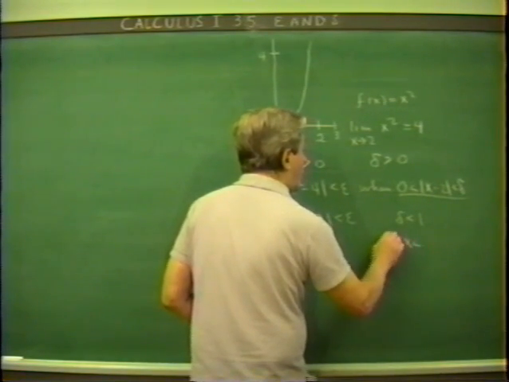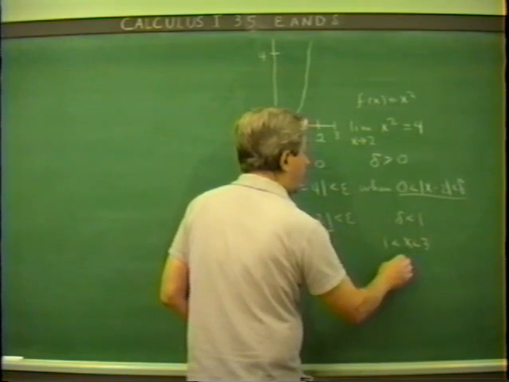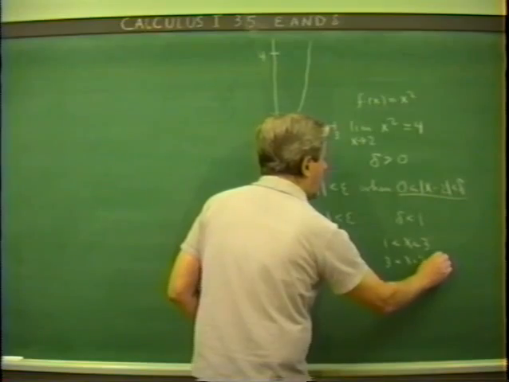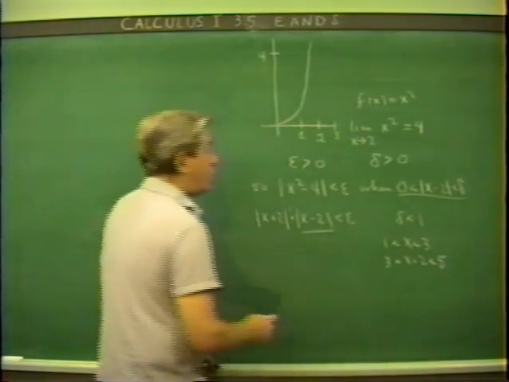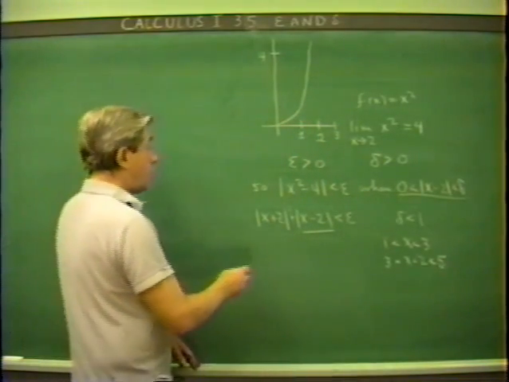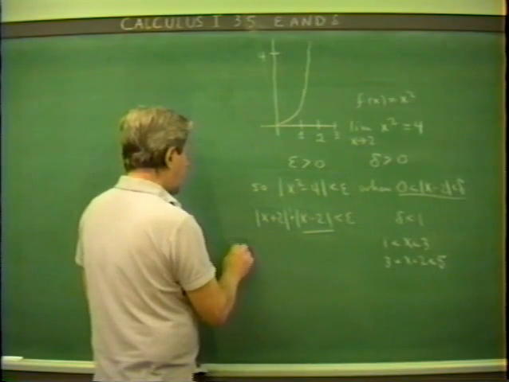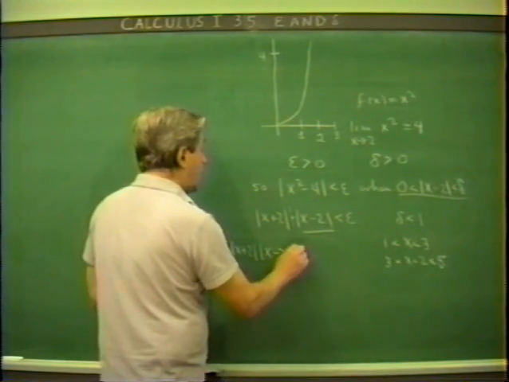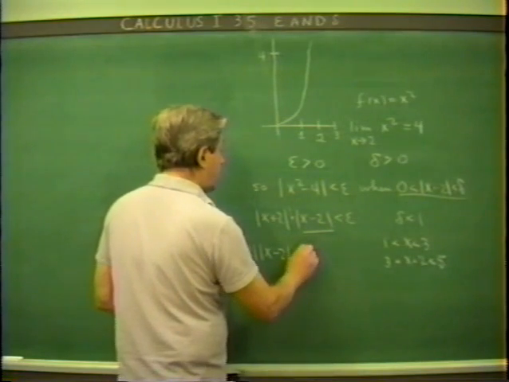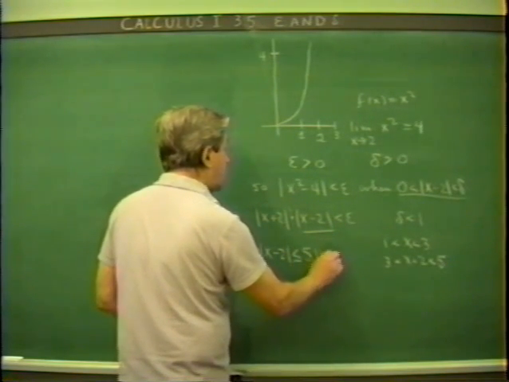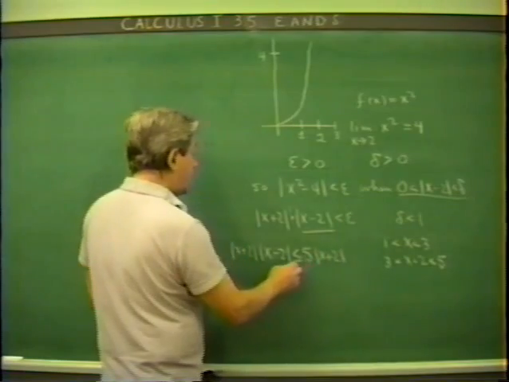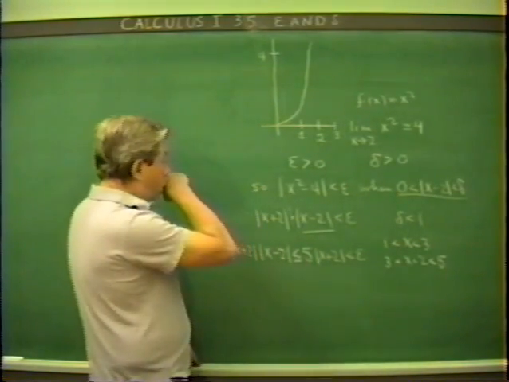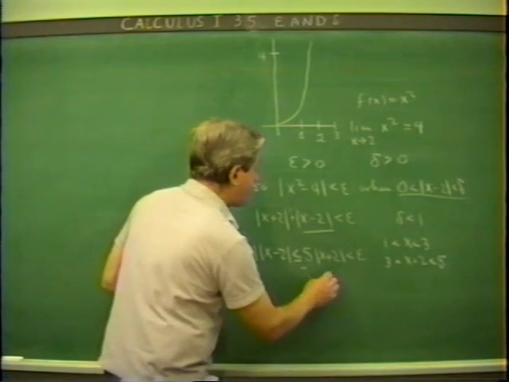Well, given epsilon, let epsilon equal 1. Given any epsilon, there is a delta greater than 0 such that if the absolute value of x minus a is less than delta, then the absolute value of f(x) minus L is less than epsilon. That will be less than epsilon and greater than negative epsilon. f(x) will be between L minus epsilon and L plus epsilon.